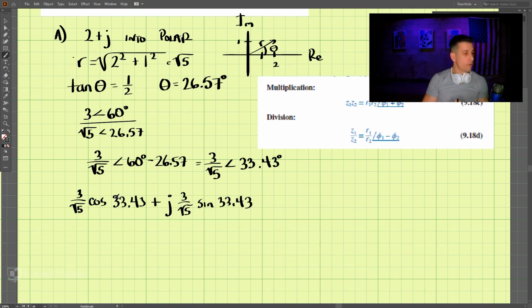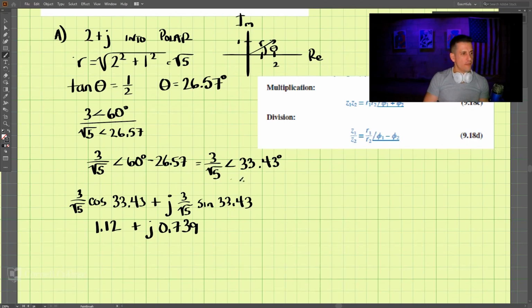Cosine 33.43 times 3 divided by square root of 5 is 1.12, plus j 0.739.